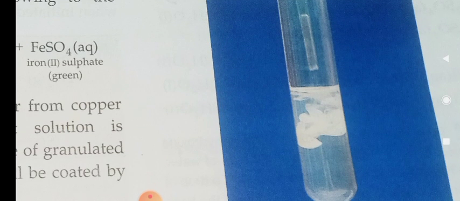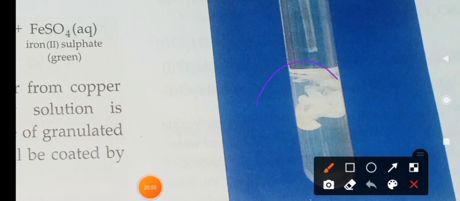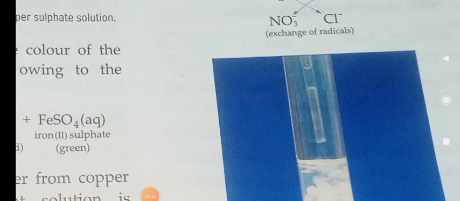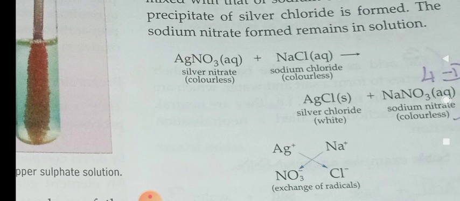So silver nitrate should be taken in a test tube and the sodium chloride has to be added. Both are colorless, but when you add sodium chloride, it forms a white colored precipitate. A precipitate is like this. So this can be seen because of the formation of silver chloride.